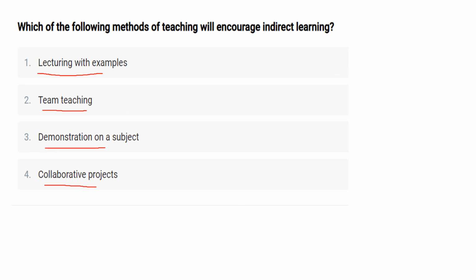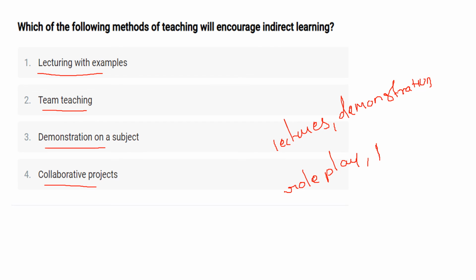So here the direct teaching method is where the teacher uses methods such as lectures and demonstration, and this type of teaching engages the student in face-to-face interaction. And indirect teaching is a type of active teaching method such as role play, then a project, an assignment.